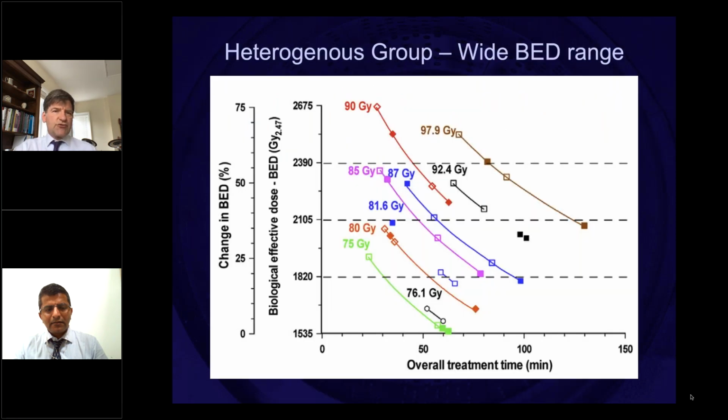The group was extremely heterogeneous in terms of the physical doses used, and that's great because that means we get a wide BED, and so we should see an effect, both in dose, if there is a dose effect, or in BED. The doses range from 75 gray up to 97.9 gray, and the overall treatment times varied from about 25 minutes all the way up to 130 minutes.